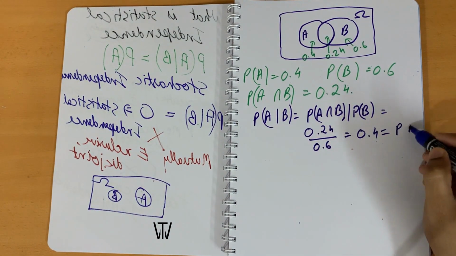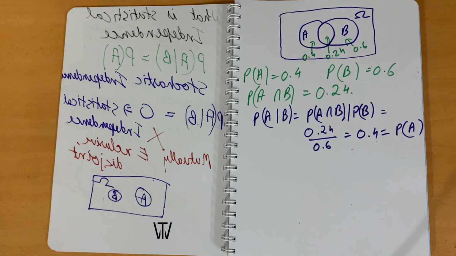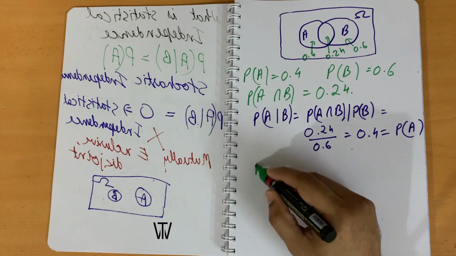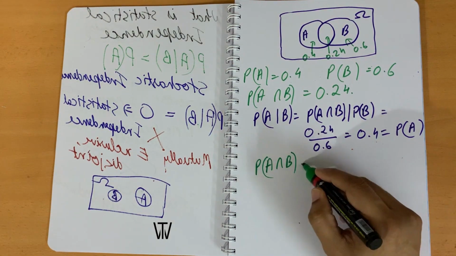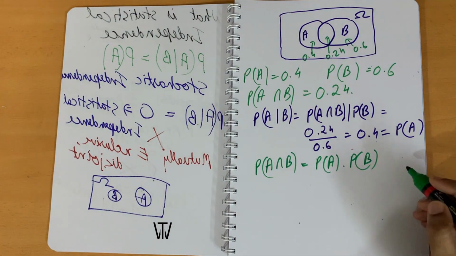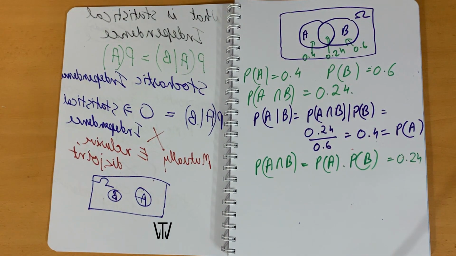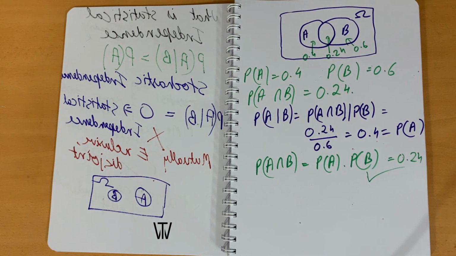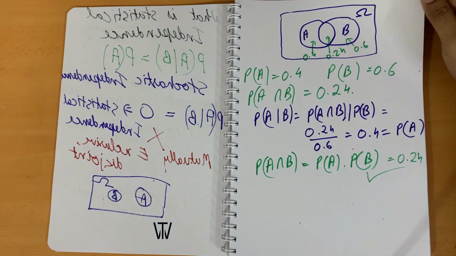This is exactly equal to P of A. Therefore, A and B are statistically independent. Notice that P of A intersection B equals P of A given B into P of B. So, if they are independent, then P of A intersection B equals P of A into P of B. Sometimes this is also used as the definition of statistical independence.